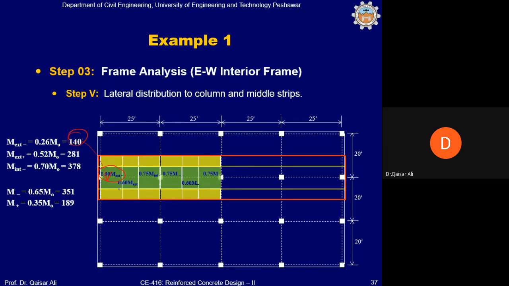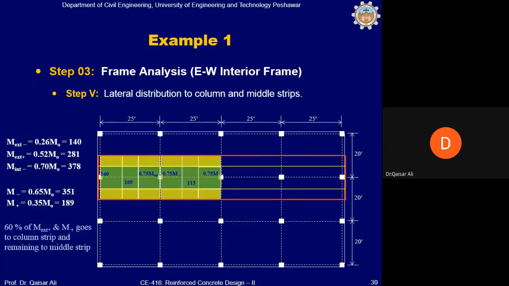The 0.52 M naught, 281, will be multiplied by 0.6, so 0.6 times 281 will come here. The remaining will come to the middle strip. Similarly, 0.75 multiplied by 378 will come here. The remaining 0.25 multiplied by 378 will come to the middle strip. So on, this will be like this.